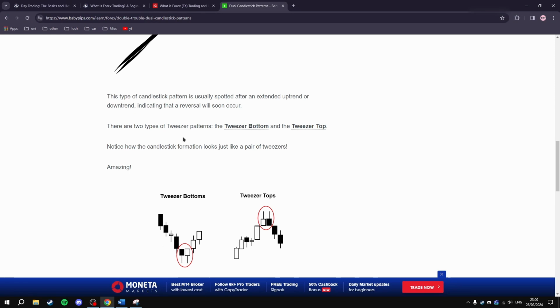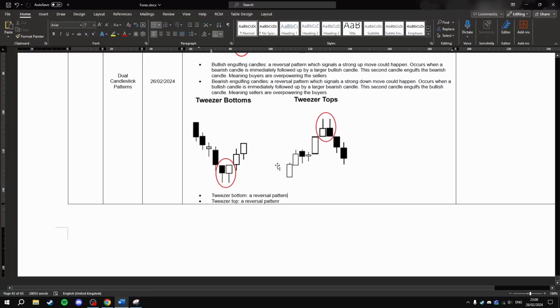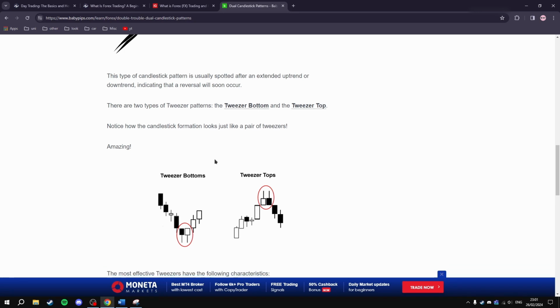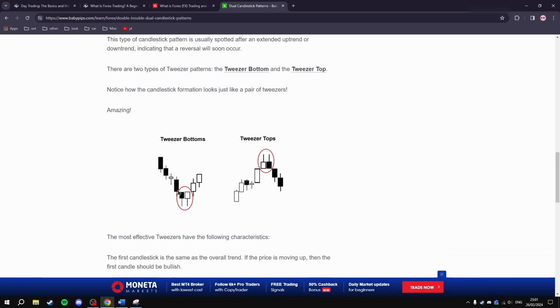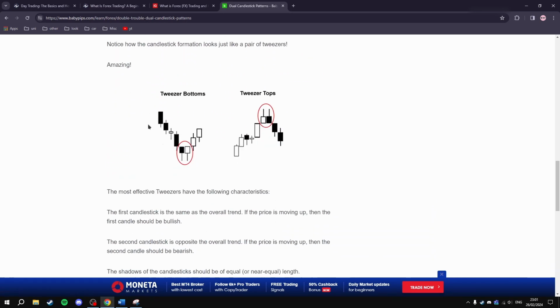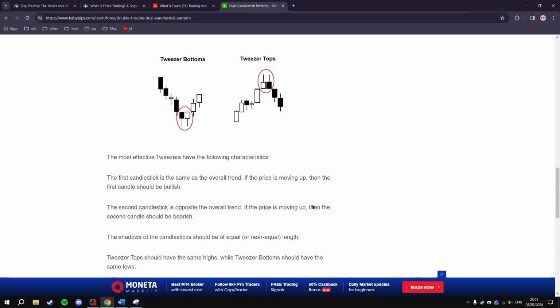This type of candlestick is usually spotted after an extended downtrend, and the tweezer top usually spotted after an extended uptrend. Notice how the candlestick formation looks just like a pair of tweezers. Oh right, I see. The most effective tweezers have the following characteristics.